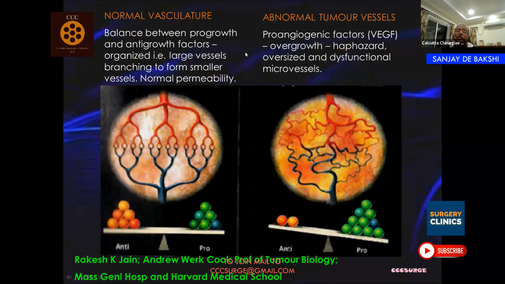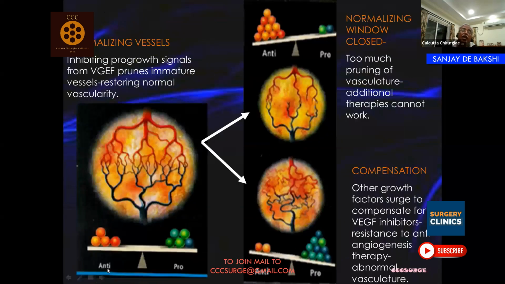What happens in a tumor is that you have pro-angiogenic factors, vascular endothelial growth factor, overgrowth, so you have haphazard microvessels and dysfunction. One of his studies was basically to use the biologics. If you used a biologic, you normalize growth, you inhibit pro-growth signals from VEGF, and it prunes immature vessels, restoring normal vascularity.